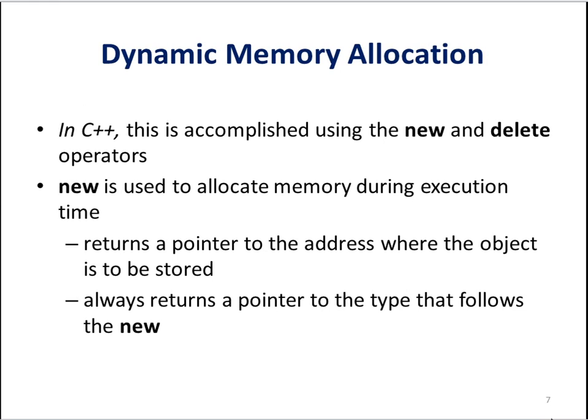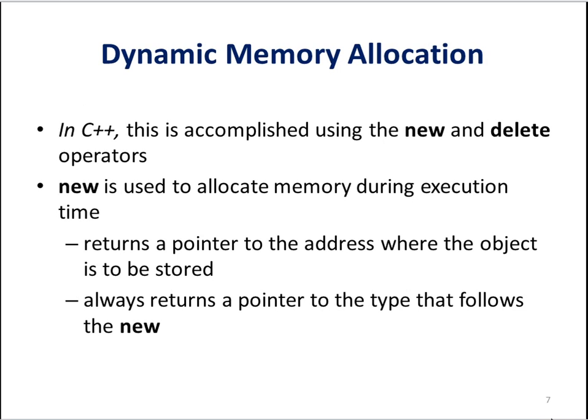Dynamic memory allocation in C++ is done through the new operator and deallocated through the delete operator. New is used to allocate memory during execution time, or at the time of execution of the program. It returns the pointer to the address where the object is stored, or is to be stored.